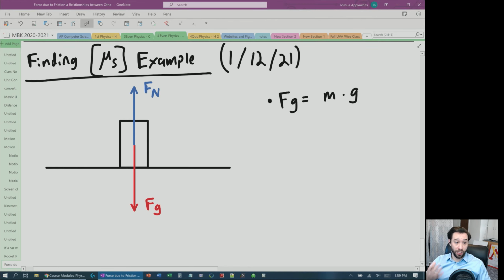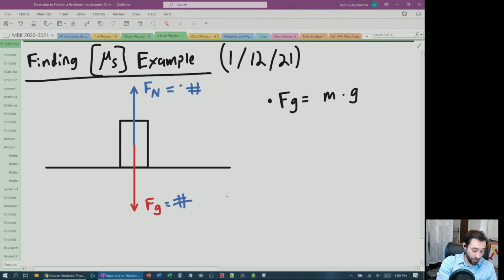So if I have an object that's making contact with a surface, that surface is going to prevent the object from morphing into it, or sinking into it. It's going to push back, right? So we know that whatever number the force due to gravity is, the normal force is going to be the same number, but just the opposite sign.